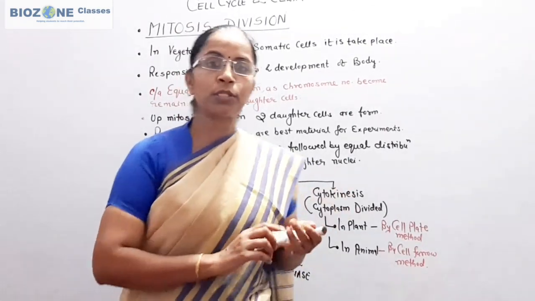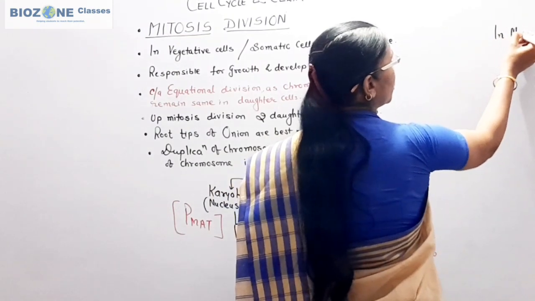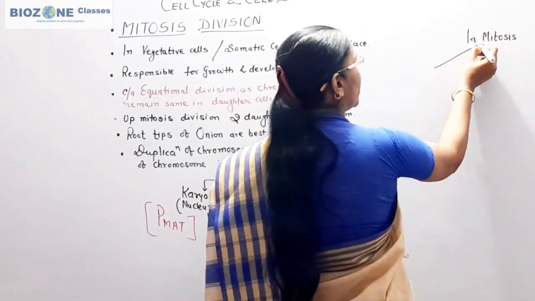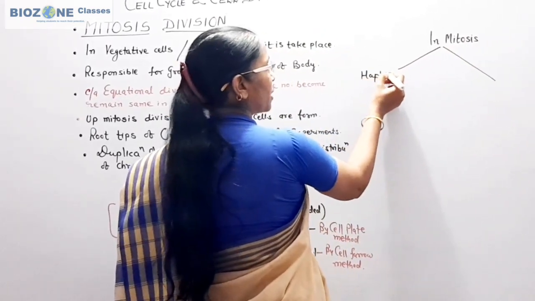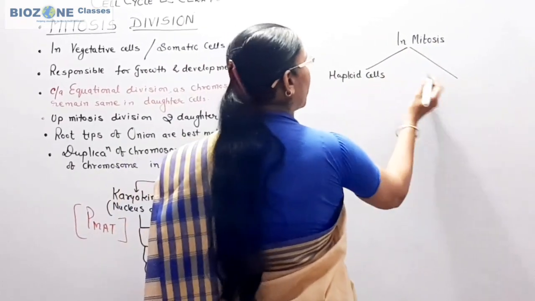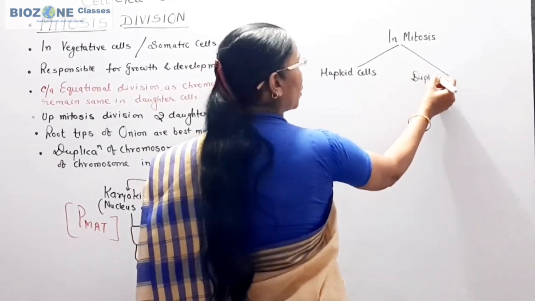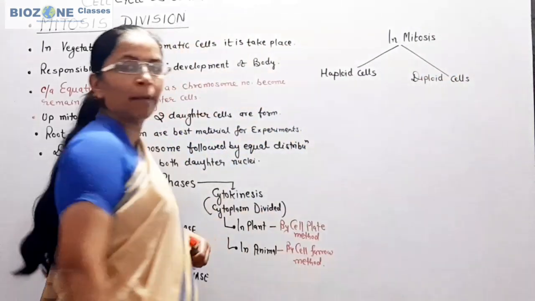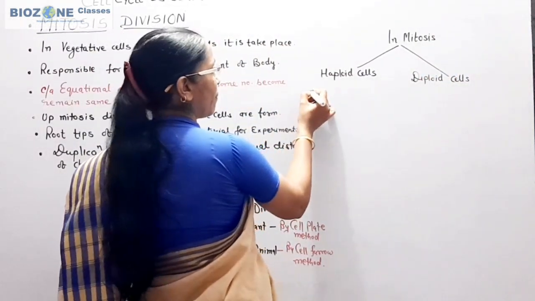But in mitosis both haploid cells can undergo mitosis, as well as diploid cells or diploid parents. When will be the haploid cell? First you see the example.